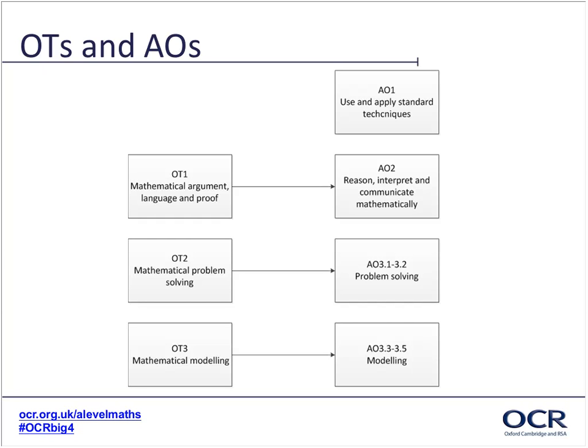The assessment objectives are from Ofqual, the regulator, and their point is to make sure that the different awarding organisations treat all of the overarching themes in a similar way, with similar interpretations, and in similar proportions within the assessment, so that there's no major difference in the approach.